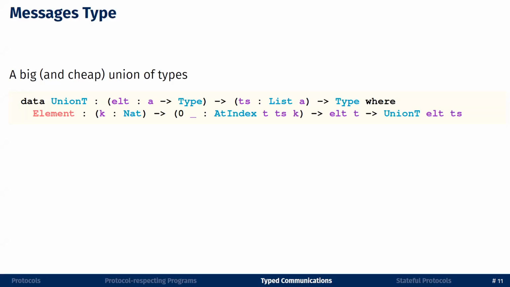So what this gadget is doing, it's telling you, well, if you have a list of A's that are a notion of codes for types, they don't have to be types themselves, and you know how to turn A's into types, then we're forming this big union thing. There's a bit of an encoding artifact here, but the moral of the story is that you can basically store an element of type T for any T that is somewhere in Ts.